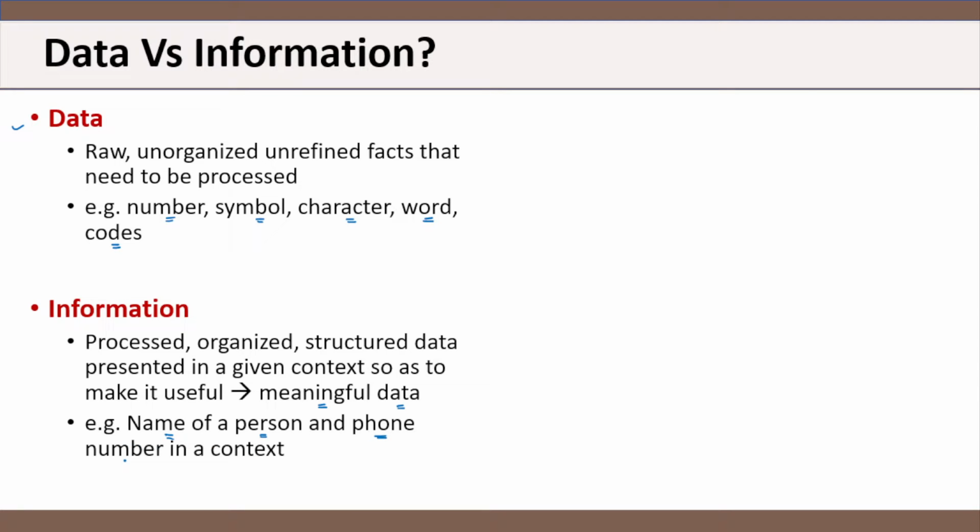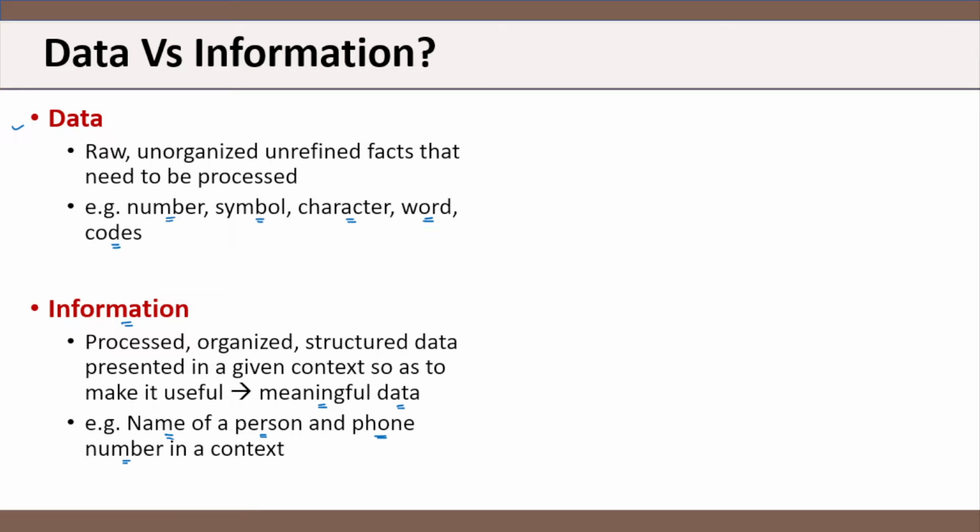If we are having a phone number, then that phone number individually is another data item. But if we relate these two data items in a context such as a person along with a phone number, then we are providing certain meaning to that data, and this is what information is. So the person is now related with a phone number, and now these two data items collectively will provide us the information that this phone number belongs to this person.